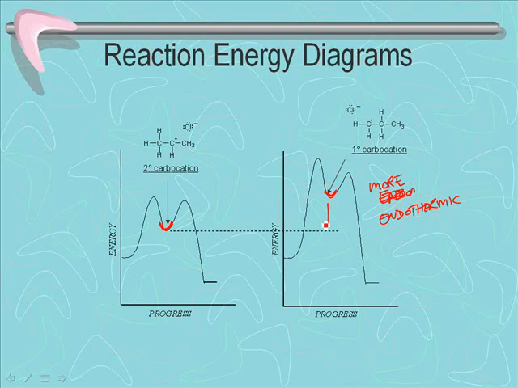Since the energy change to form that reaction intermediate is going to be larger, and it is an endothermic step in a reaction, we know that the transition state for forming a primary carbocation is going to be much higher in energy than for forming a secondary carbocation.